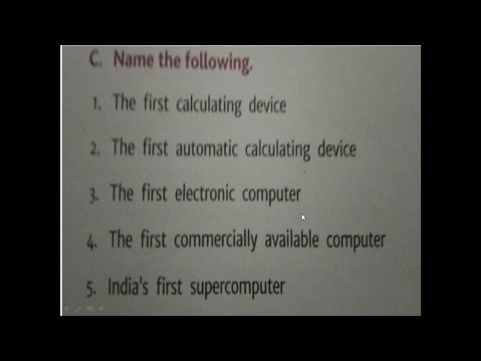C. Name the following. See, space is given there, so you have to write the answer in the space given. Okay, first question, the first calculating device: abacus. Second one, the first automatic calculating device, that is the difference engine.